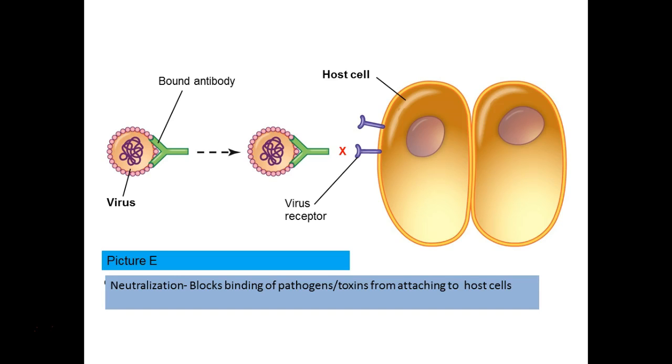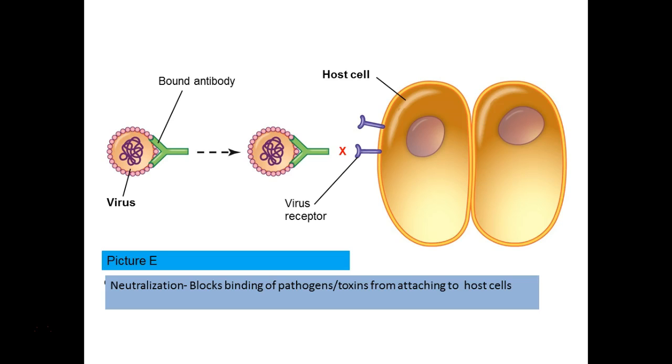Now they're showing a virus here. But this can be true for any of the attachments that needs to happen, right? If a bacteria needs to attach to us, we can stop that attachment by antibodies binding to it. Toxins, usually to affect our cells, guess what they've got to do? They got to bind to them.